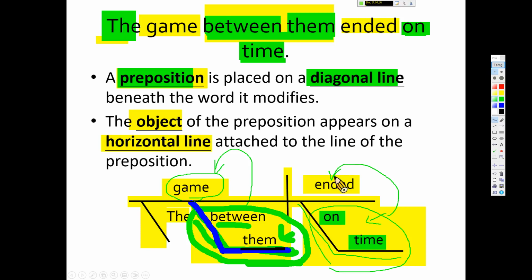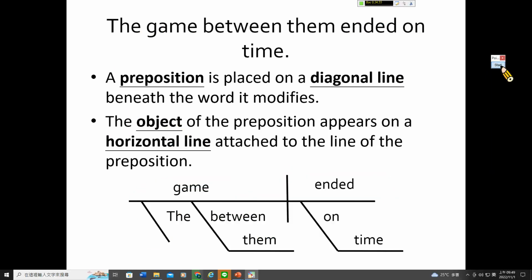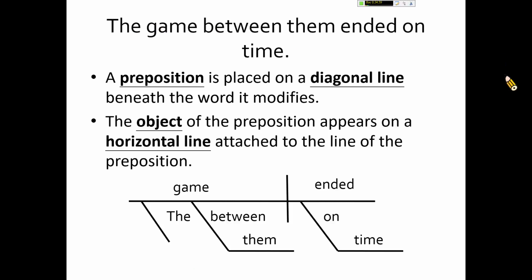And although this is a definite article, it functions as an adjective to modify game, again a modifier. So over here, basically, we have the game between them ended on time.